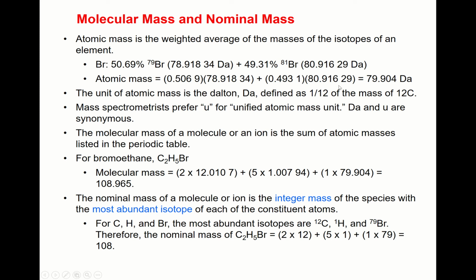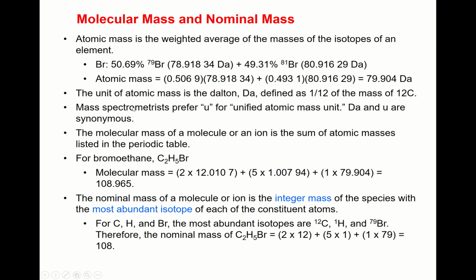Dalton is usually used in biochemistry. The unit of atomic mass is the Dalton, Da, defined as 1/12 of the mass of carbon 12, mass number 12. This is a definition, so we cannot argue against it.